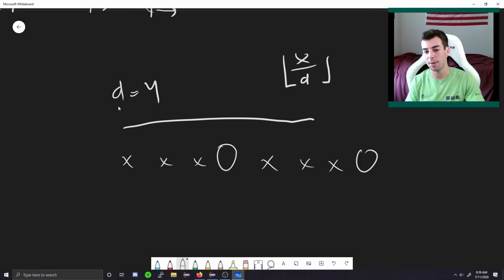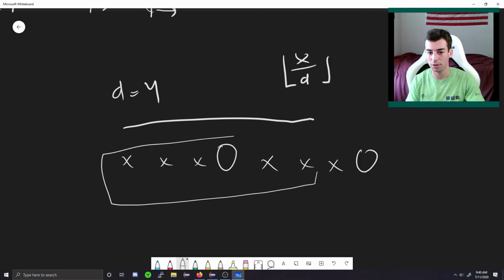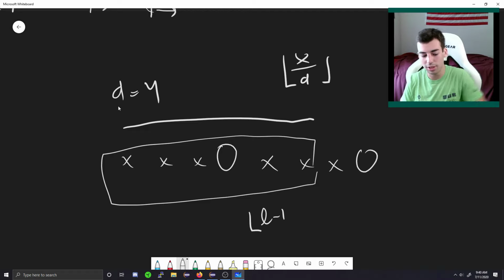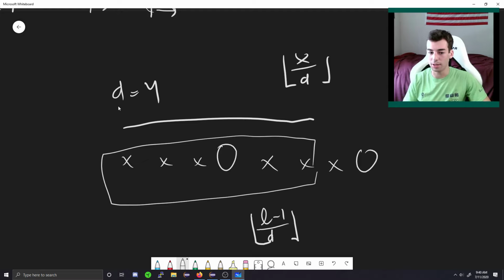If you have some integer x, so this is the prefix you're looking at, x divided by D floored is how many multiples there are in this range here. So if we want to see how many multiples are in some LR range, we can take L minus 1 over D, floor that, and then also take R over D, floor that.